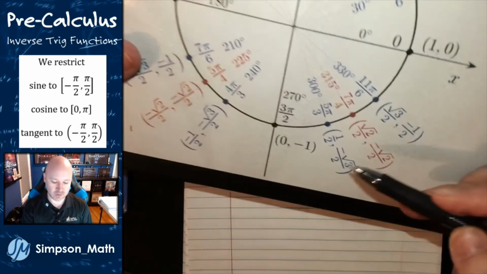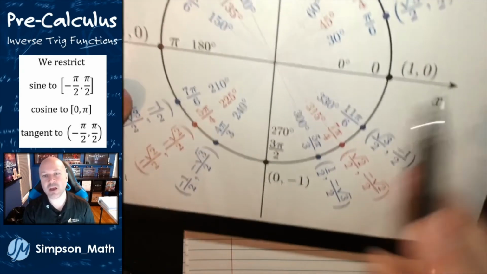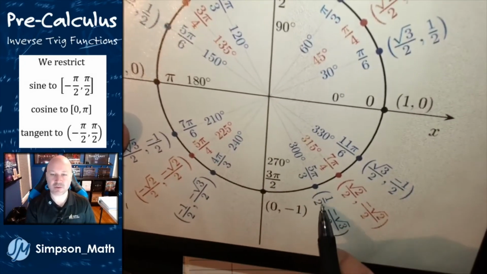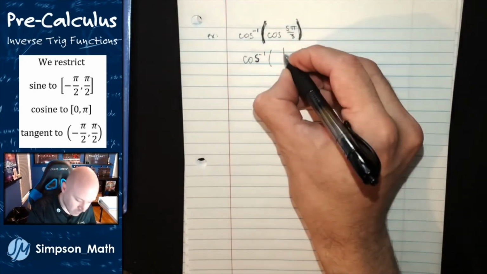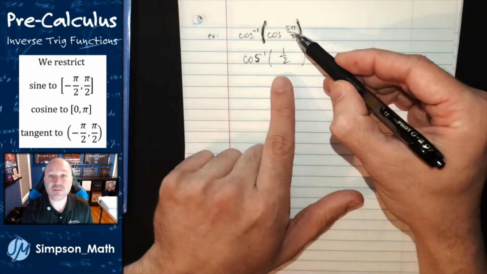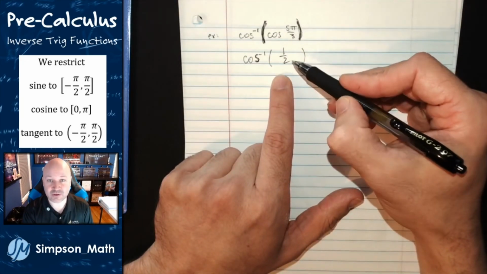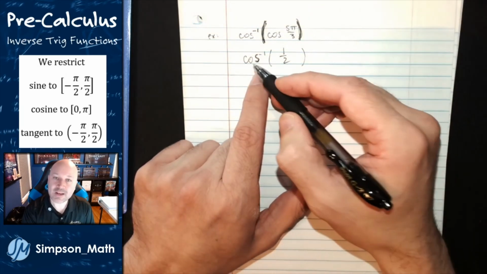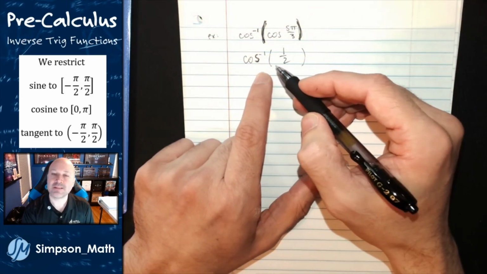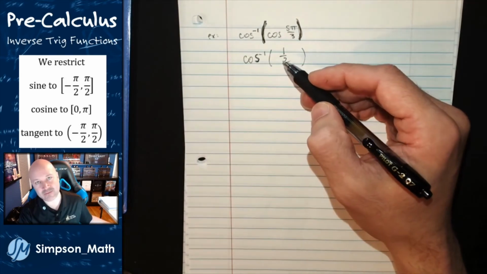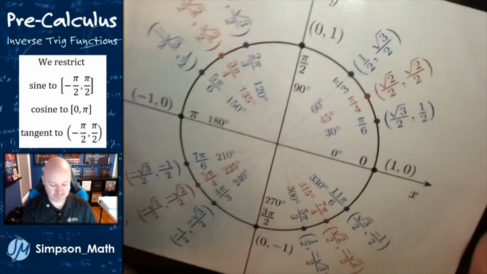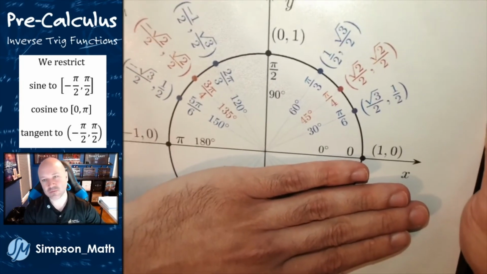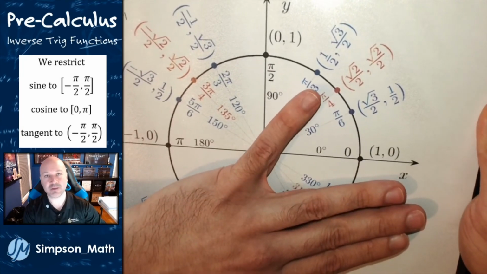Well, it's right of the y-axis, so it should be a positive 1/2. So I simplified that trig question first. Now I've got a new question. What angle spits out 1/2 dealing with cosine on that interval? Well, that looks like pi thirds to me.